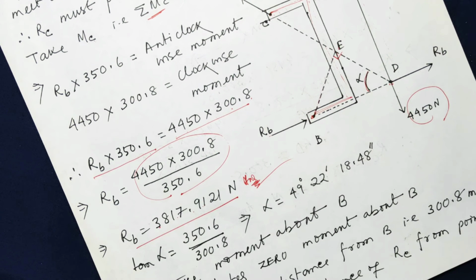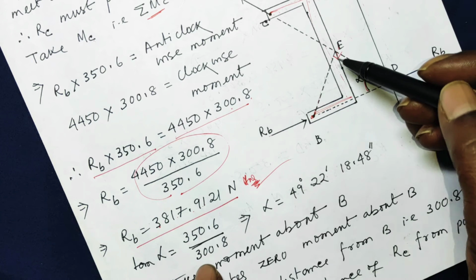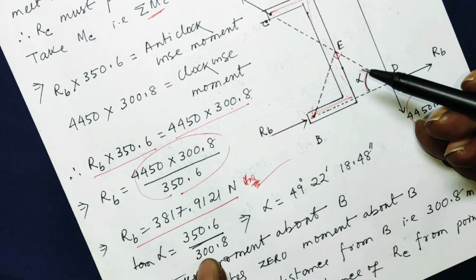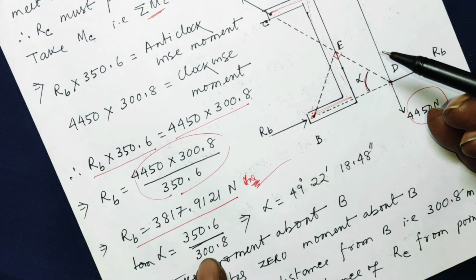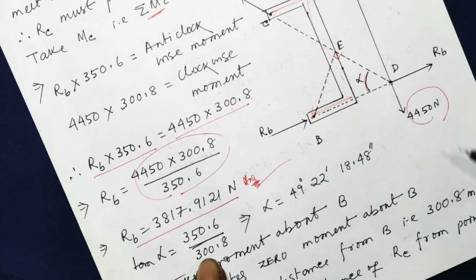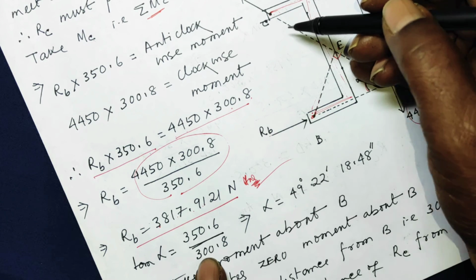So let us take tan alpha. So tan alpha will be this perpendicular. No, I will find it later on.